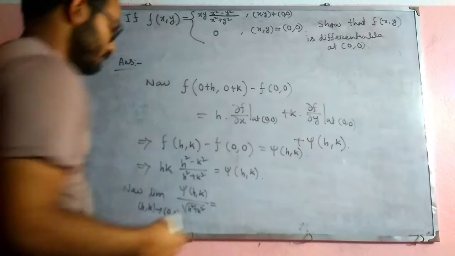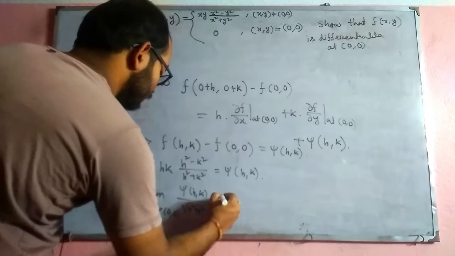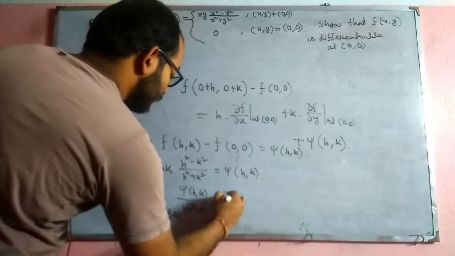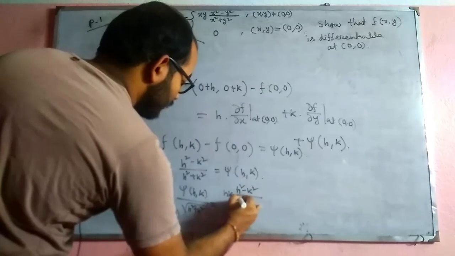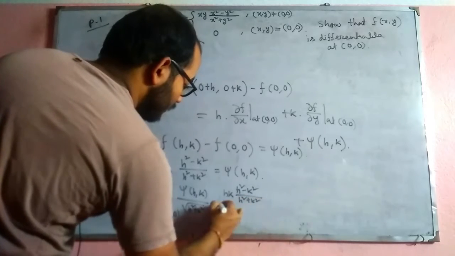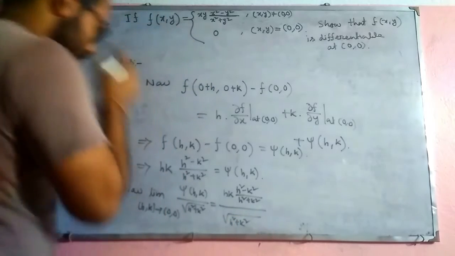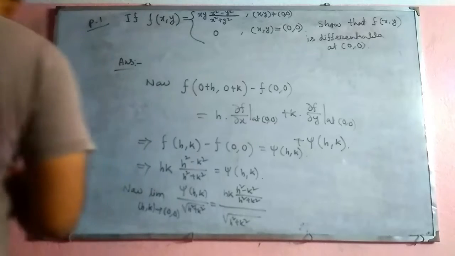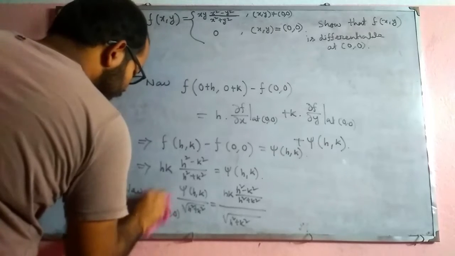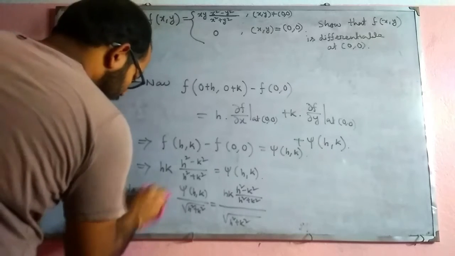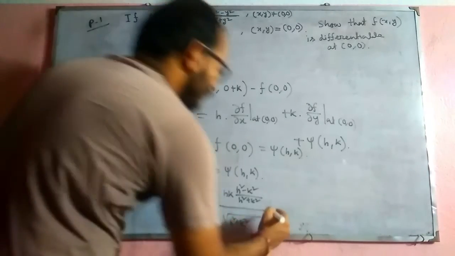Okay, now what is hk(h²−k²)/(h²+k²) divided by √(h²+k²)? Sorry, I am using this only for that time. Okay, so what is this?